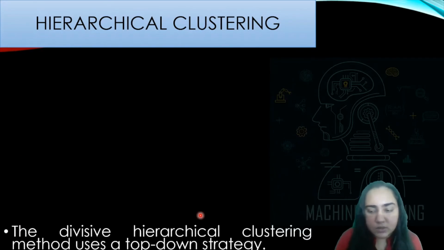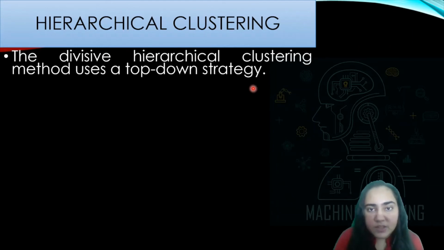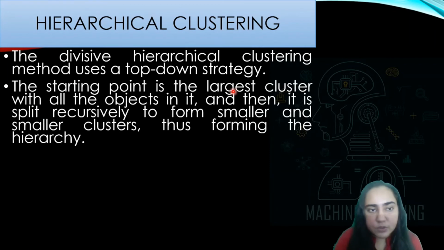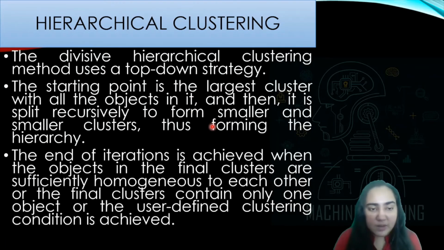And in divisive hierarchical clustering, you have a top-down strategy. The starting point is one large cluster, which is then recursively split into smaller and smaller clusters based on the dissimilarities between the points. And in the end, you will receive the final number of clusters. So once again, you can stop when you have reached the desired number of clusters.